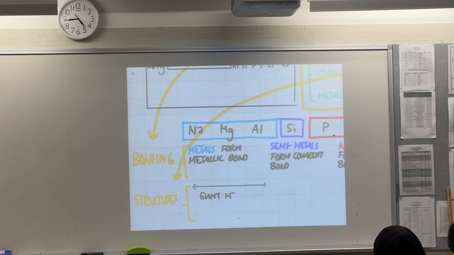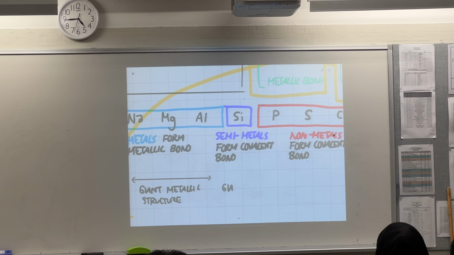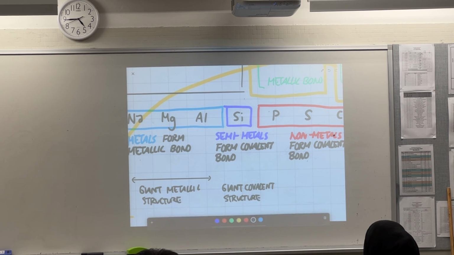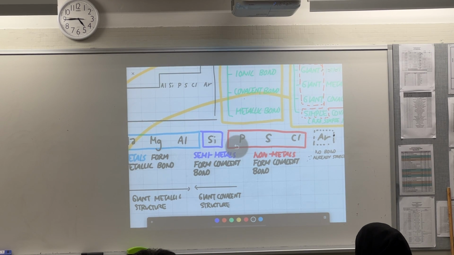So giant metallic structure. Silicon is the only one that forms a giant covalent structure. So semi-metals tend to form giant covalent structures. You can put this down here. For non-metals, maybe the arrow shouldn't extend that far, so it will only be this part.